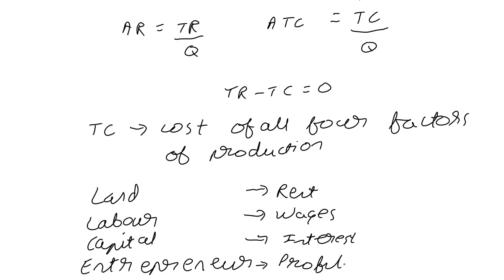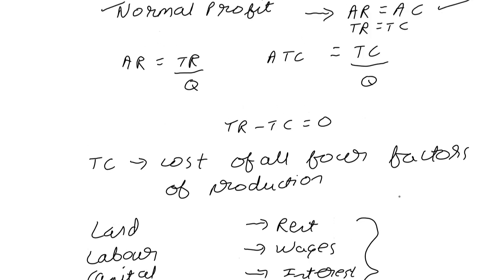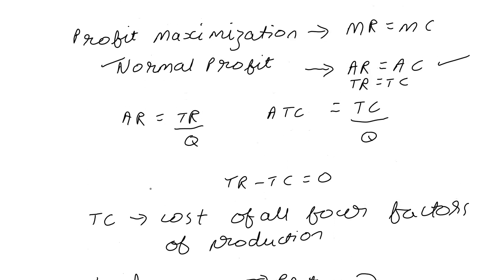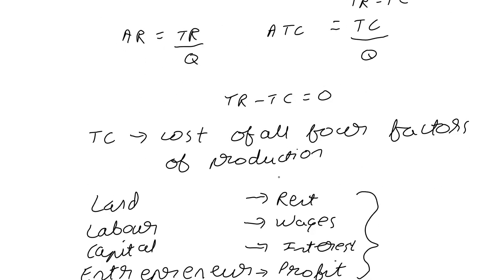But how much profit? Just enough profit to continue in that business. Anything more than that, we call abnormal profit, which we will be doing in the next diagram. Just remember the costs of all four factors of production, or what we call factor costs for the firm, are included in the total cost.